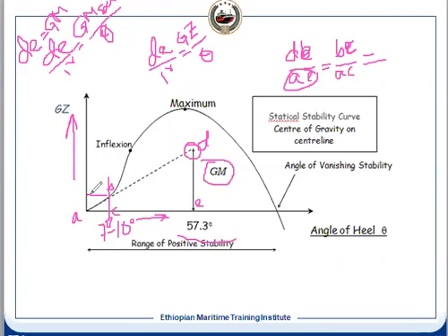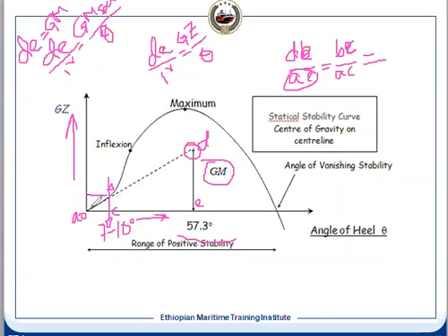We have the GZ curve, and we draw a tangent to that curve from 0. At 1 radian we draw a perpendicular which coincides here, and that gives us GM.